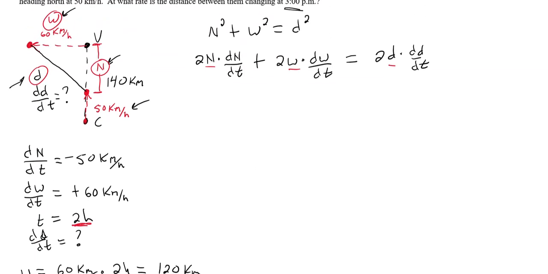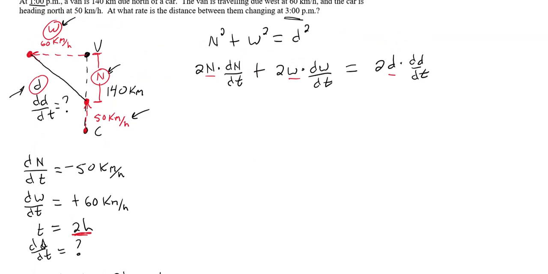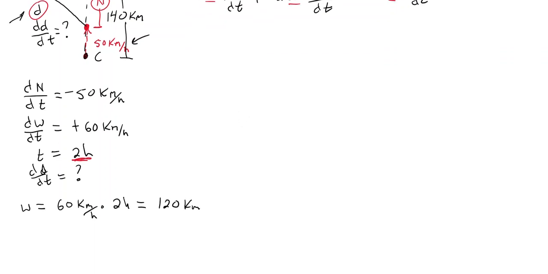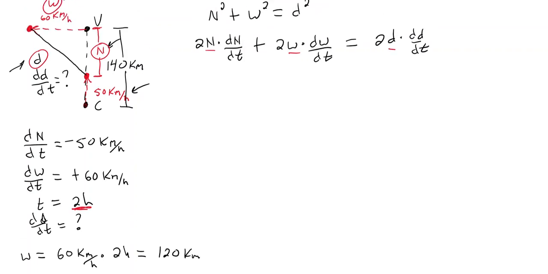And I can do something similar for n, but we have to be careful. If we think about it here, right, it's 140 is my total distance here. And then we're closing that gap at 50 kilometers an hour. So 50 kilometers an hour for 2 hours, we've gone 100 kilometers, right? So for my n, the whole thing was 140 kilometers, and we're going to subtract how far we made it in 2 hours.